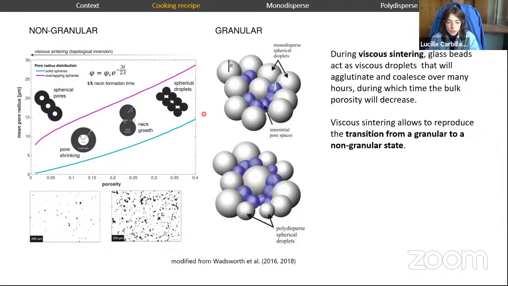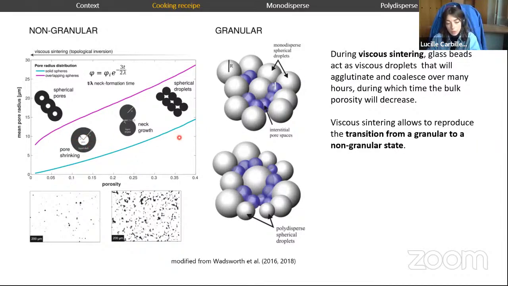During viscous sintering, an initial system of viscous droplets, which can have all the same size or different sizes, evolves with time through two main stages. The first one is the growth of necks between droplet-droplet pairs that share contact. That was theorized by Frenkel in 1945. And then the next stage at lower porosity is the shrinkage and closure of the pores between the droplets. That was theorized by Mackenzie and Shuttleworth in 1949.